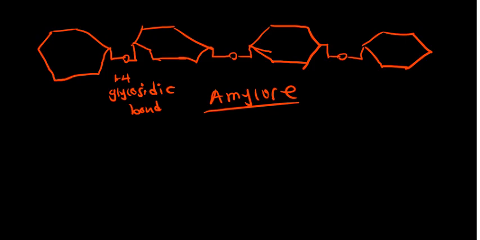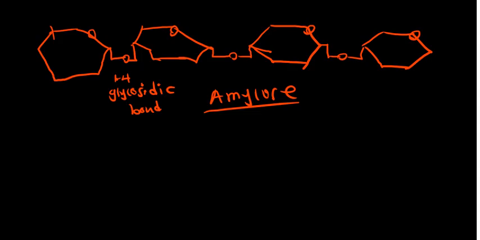Here you have oxygen, of course, and here we have oxygen. You're going to put some other additional atoms here, hydroxyl, hydrogen. So this is the structure of amylose.